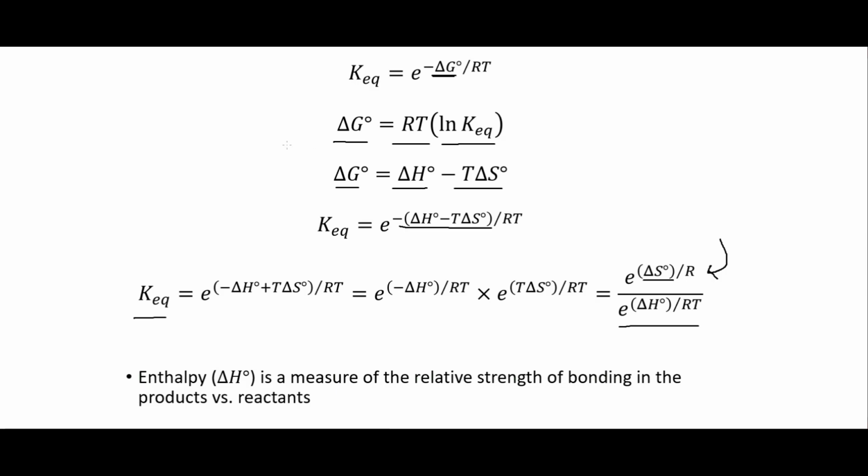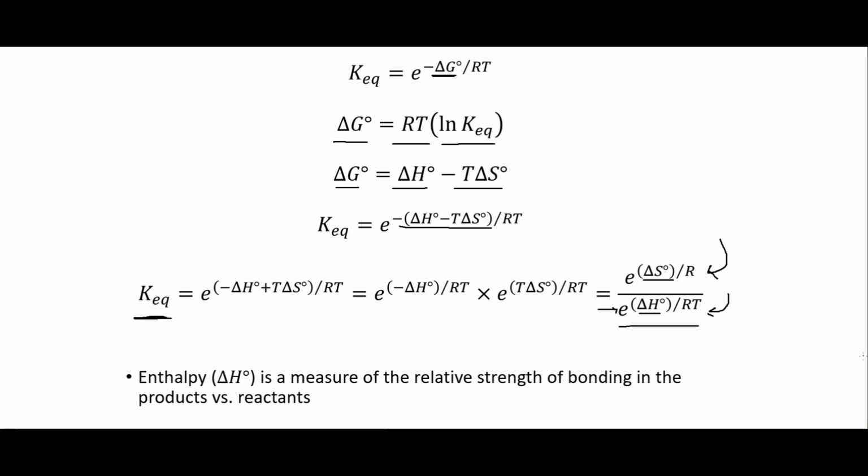Whereas if our delta H is positive here, then the denominator will get larger and our KEQ will get smaller, where then it's also the opposite, where if this delta H becomes negative, then the denominator gets smaller, our quotient here gets larger, where the KEQ here is our quotient.